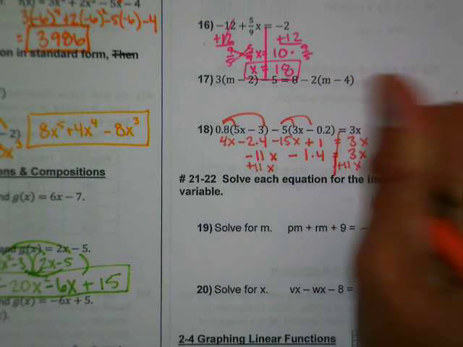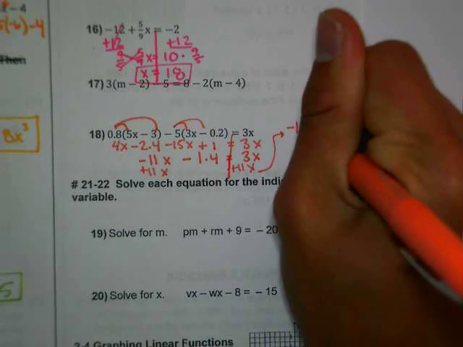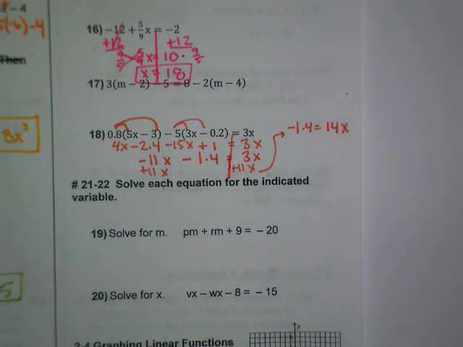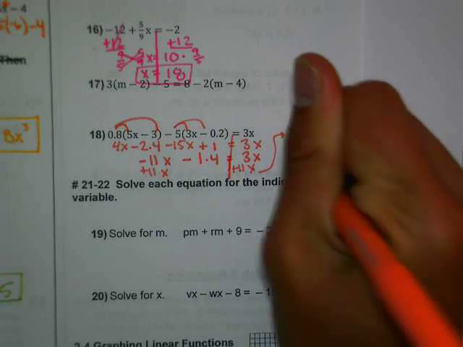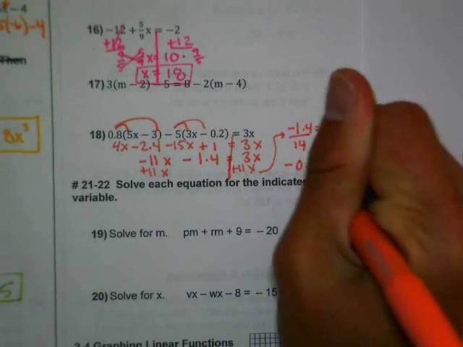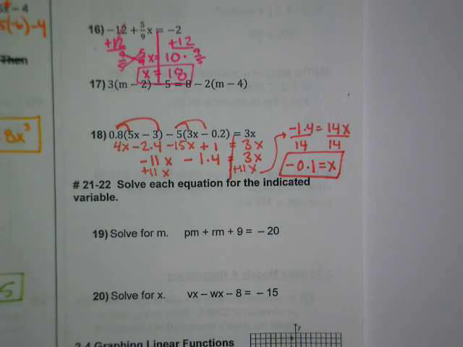I'm running out of space, so I'm going to put it right over here. So I have negative 1.4 equals 14x. And then what's the last step? You divide. Divide by 14. All right, so just a lot of decimals there, but you'd be able to use your calculator on a problem like that.